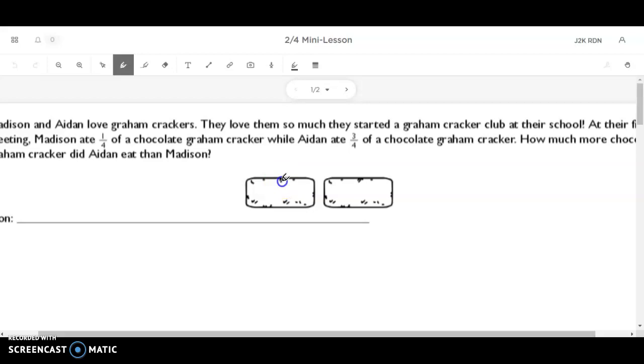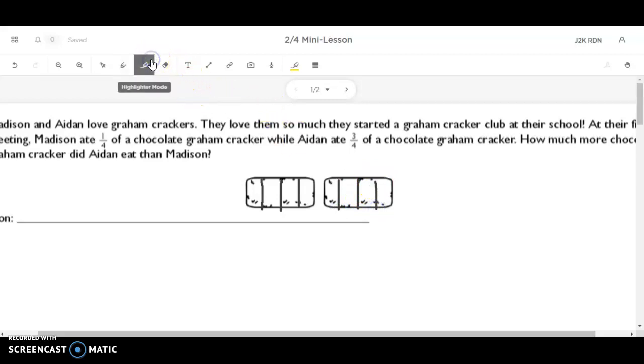I need to make sure it's in 4 pieces. And for Aiden, his denominator is also 4, so I'm going to make sure that this is also 4 pieces. Excellent. So I have Madison and I have Aiden.